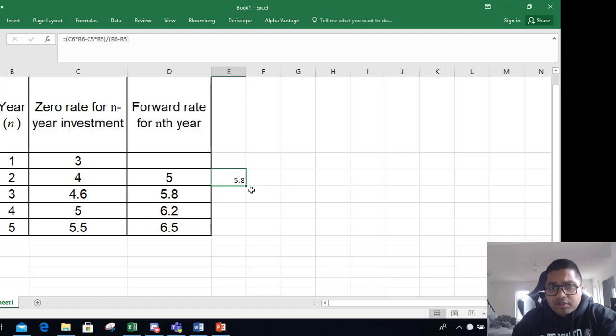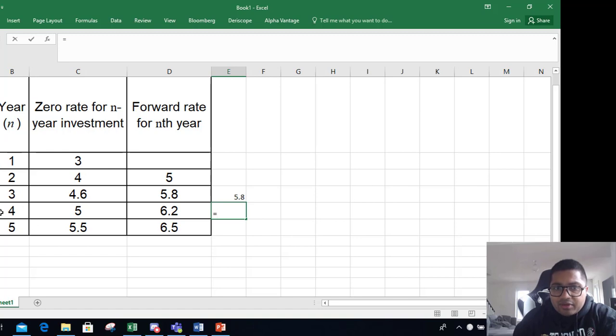So this is forward rate at time period 3. Forward rate at time period 3 equals interest rate at time period 3 into time period 3 minus interest rate at time period 2 into 2. So let's calculate this.